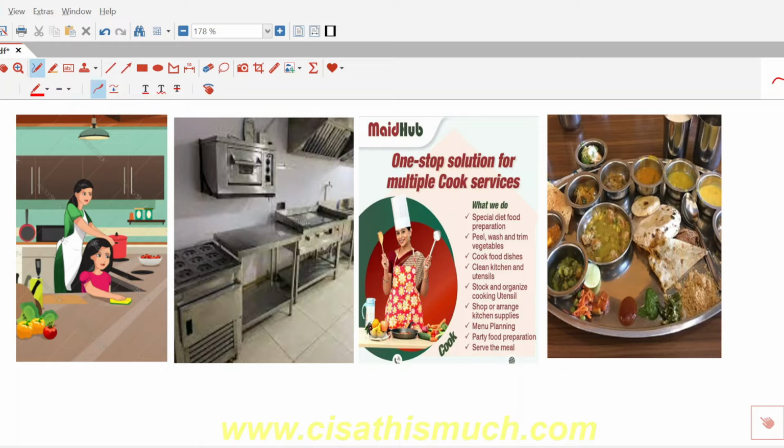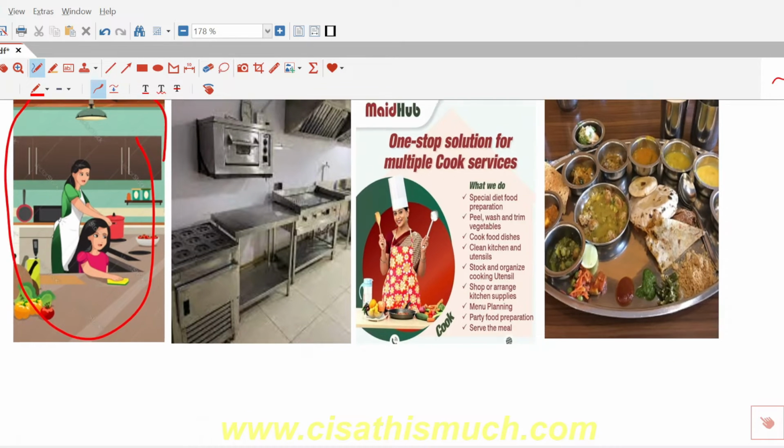Okay. Now, in this first picture, what is happening over here is the mother is making food for the entire family. The mother is cooking the food for the family, right? So here I have a few questions for you.